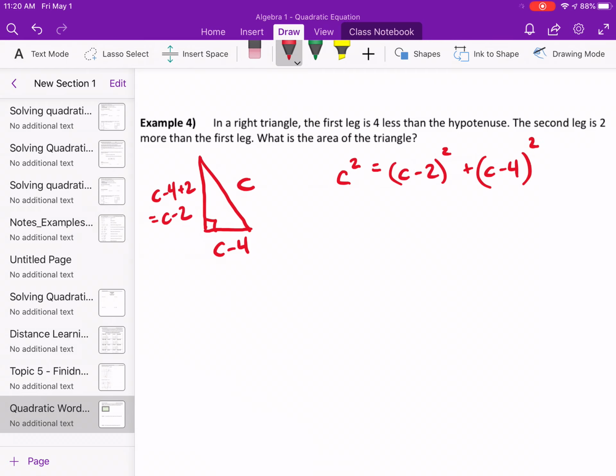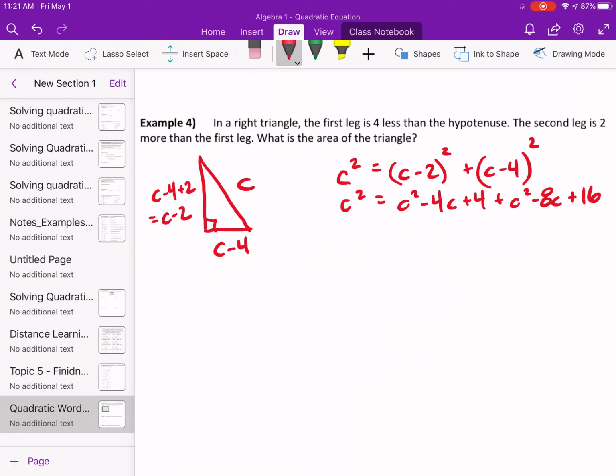So I'm going to have to do a lot of multiplication here. C minus 2 times C minus 2, that is equal to C squared minus 4C plus 4. C minus 4 quantity squared, that is C squared minus 8C plus 16.